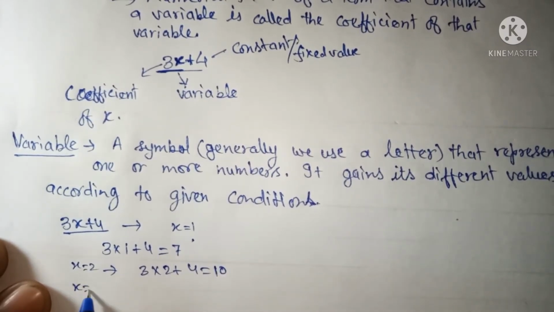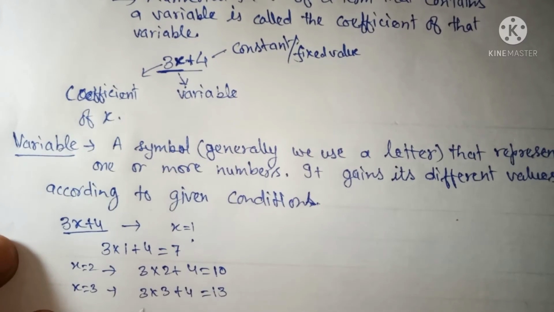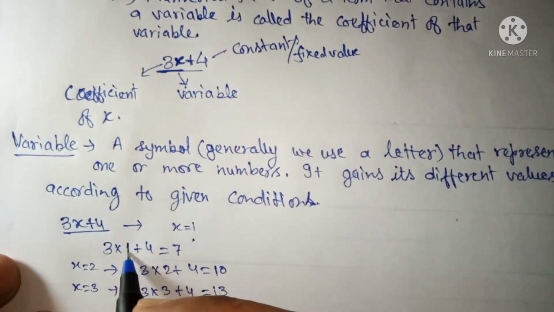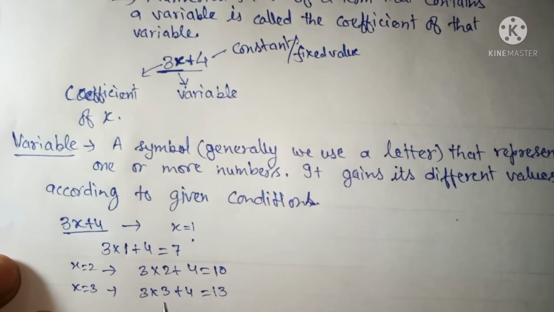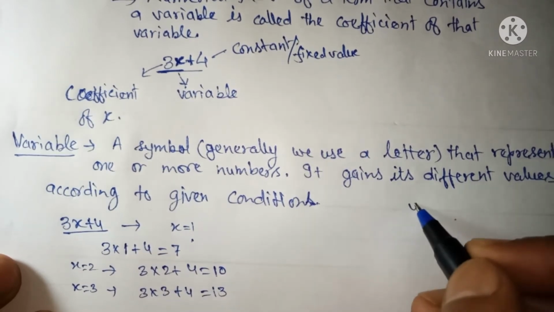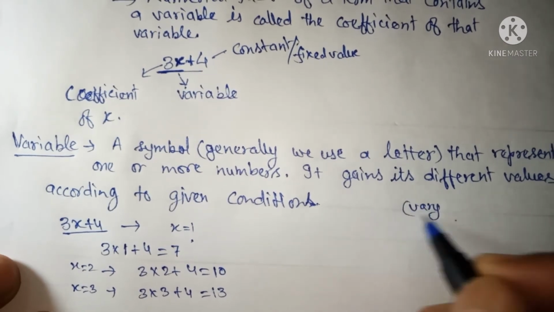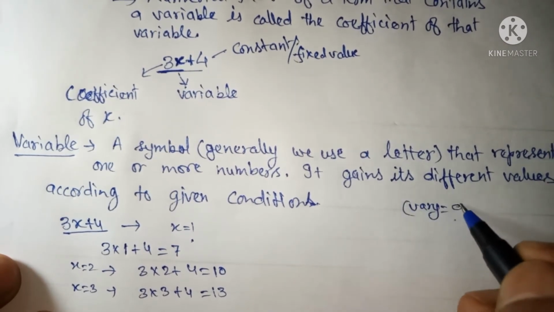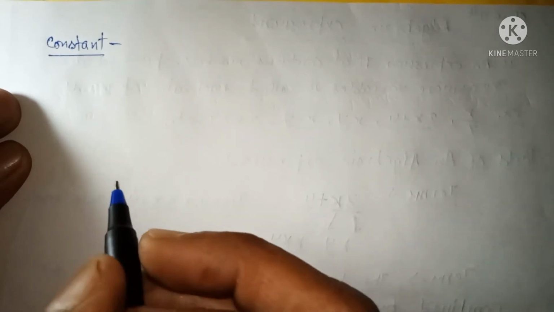When we put x equal to 3, we get 3 into 3 plus 4, 9 plus 4, which is 13. Here x can gain different values 1, 2, 3, so it is called a variable, which can vary its value. Vary माने होता है बदलना.